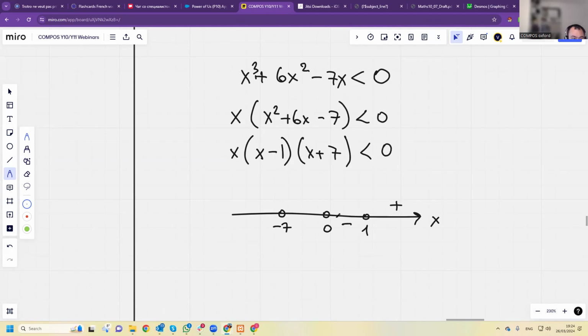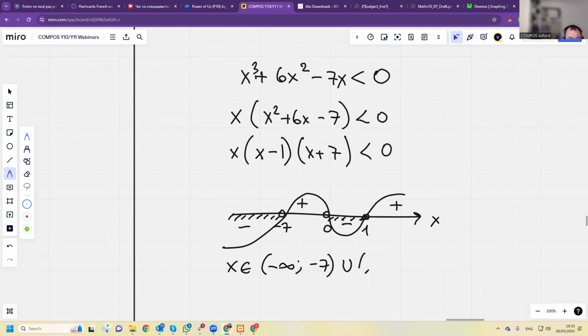So positive, negative, positive, negative. And voila. We need the negative intervals. So it's going to be this one and this one. So x belongs to from minus infinity to minus 7, or from 0 to 1.